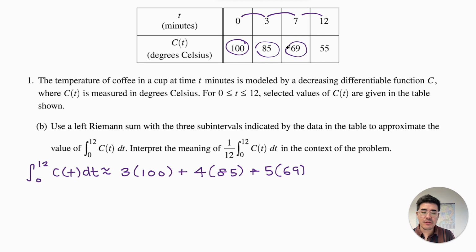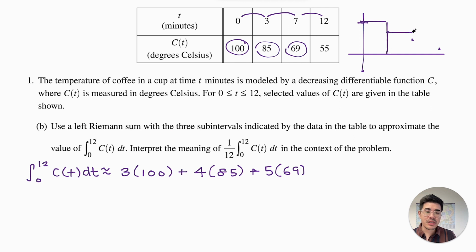Now, if this is hard for you to visualize, you can also do a rough sketch of what the points might look like. So 0 would be 100, 3 would be 85, 7 would be 69, and 12 would be 55. If we want a Riemann sum, we just want rectangles.